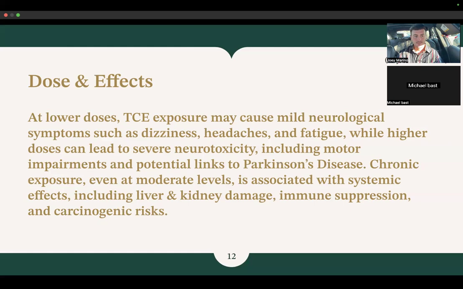Lastly, chronic exposure at moderate levels is associated with systemic effects, including liver and kidney damage, as well as immune suppression and carcinogenic risks.